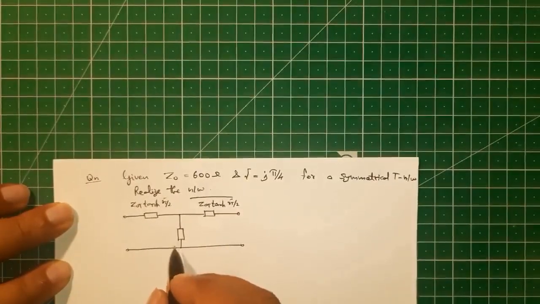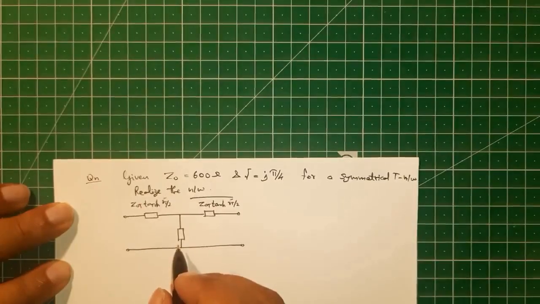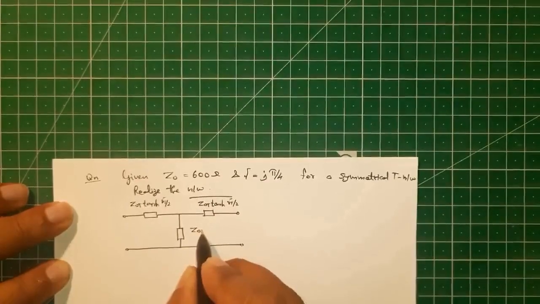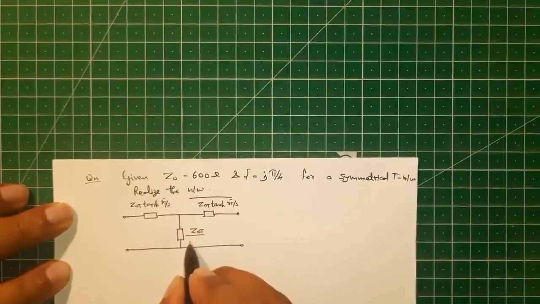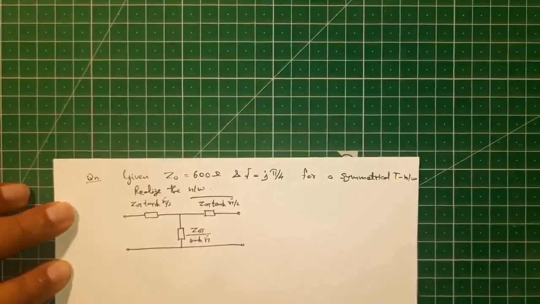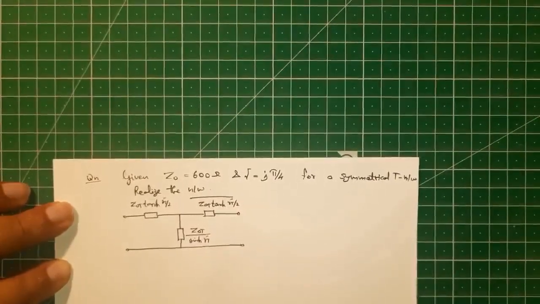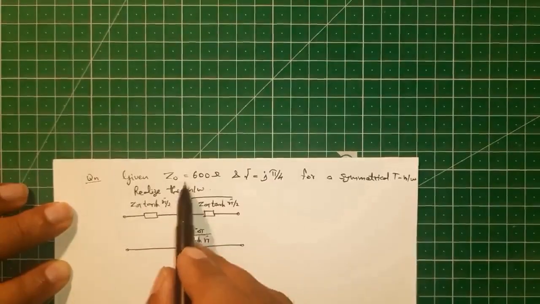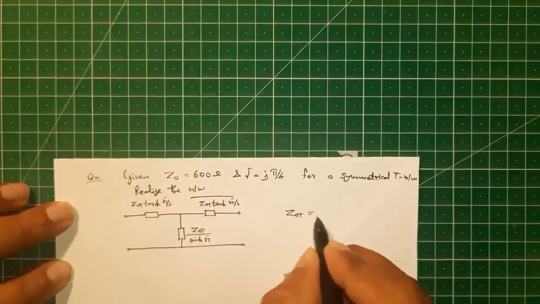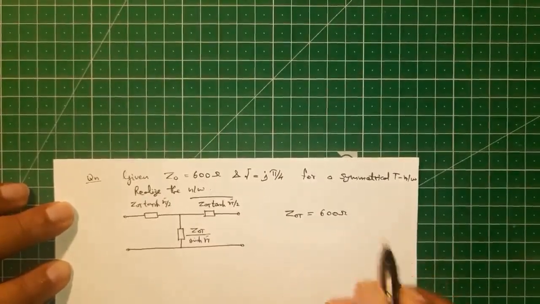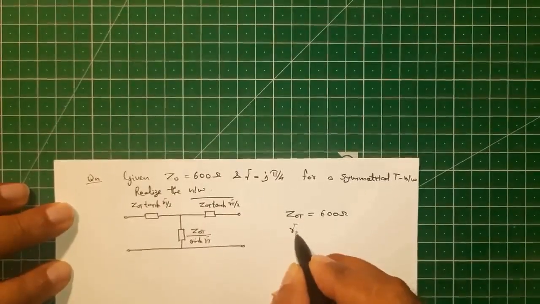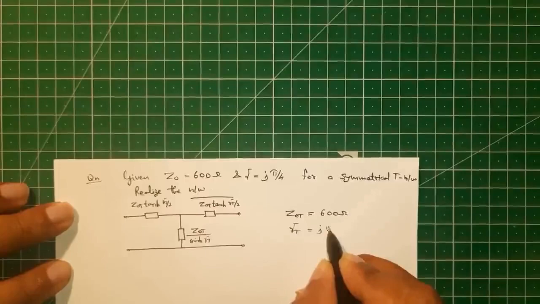And this is Z2, so that is Z0 T divided by sinh gamma T. So the characteristic impedance is given as 600 ohm, so that is our Z0 T, and the gamma T is given as j pi by 4.